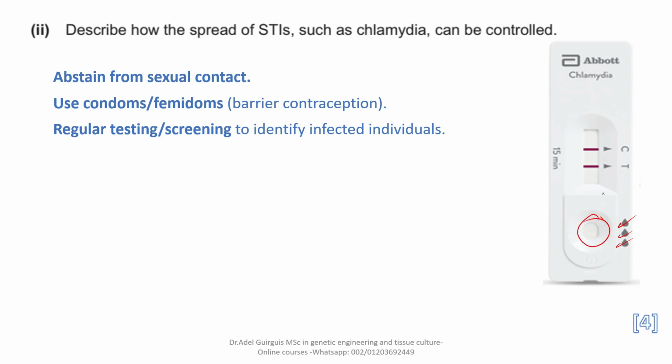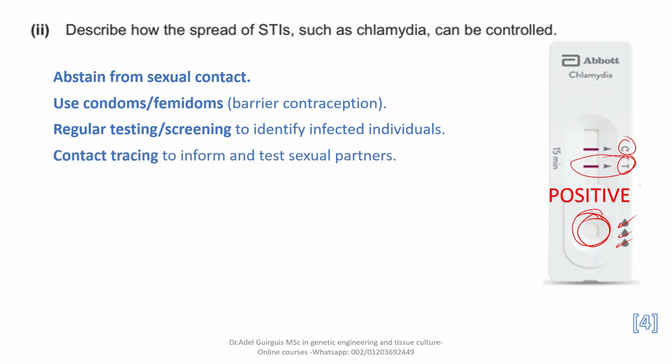What happens in this test? Two areas are colored red. This indicates a positive result. Here is for the test, and here is the control to show the validity of the test. It is valid. Regular testing and screening to identify infected individuals.